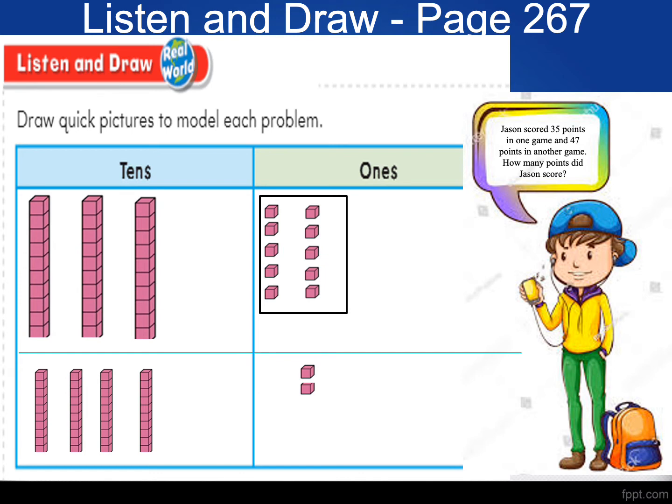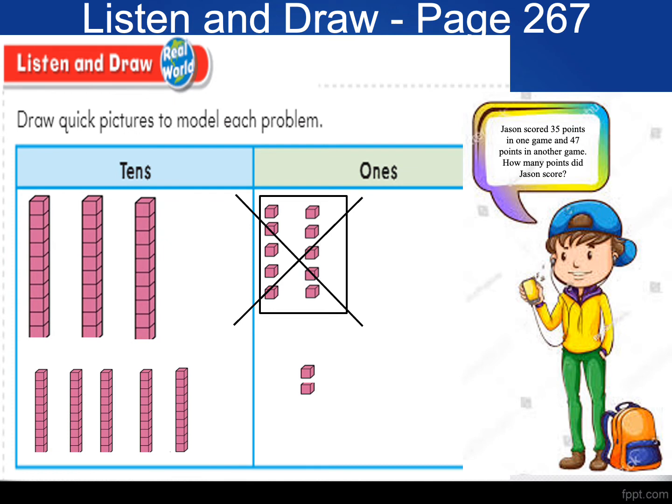Now a 10 has no business in staying in the ones column. So what I'm going to do, I'm going to remove these ones from here and place them in the tens column. Now I am going to add the total number of tens and ones to find the total.